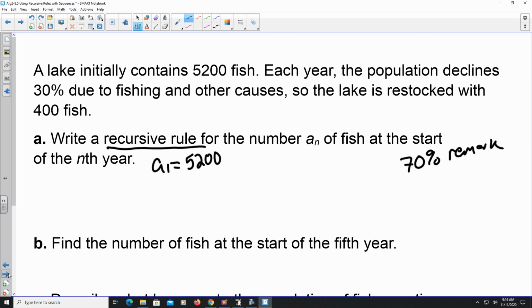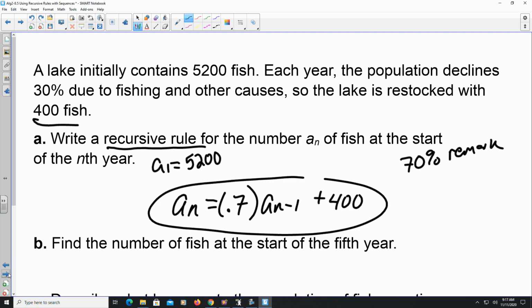So in order to write this rule, a sub n is going to be equal to the common ratio, which is 0.7 in this case, multiplied by a sub n minus 1. But they also added this other thing where they restock 400 fish. We're going to add 400 fish to that total. So this is my recursive rule for the nth year.